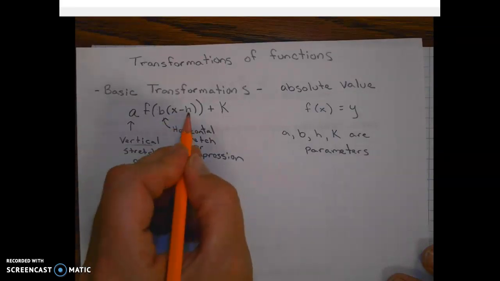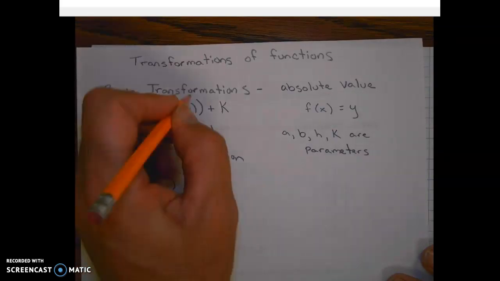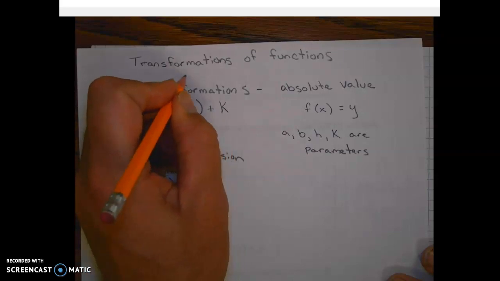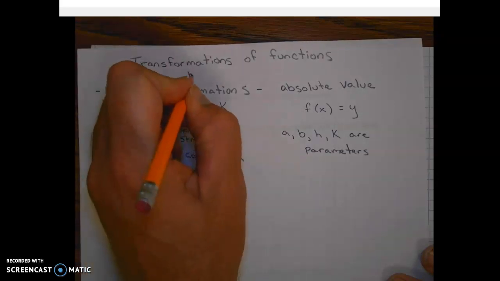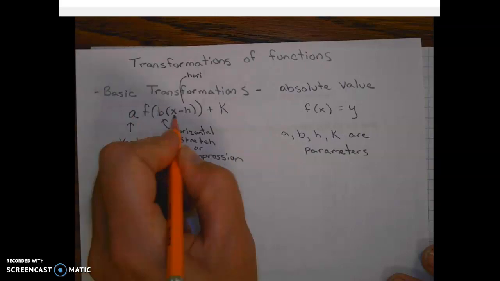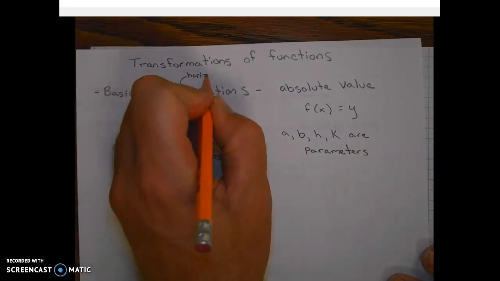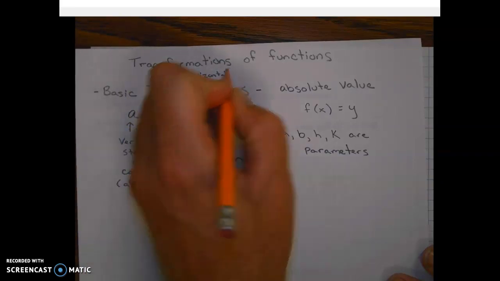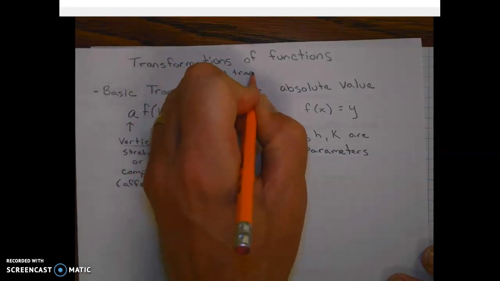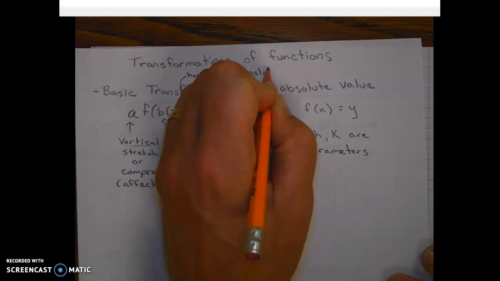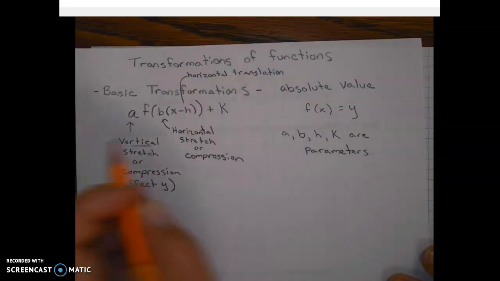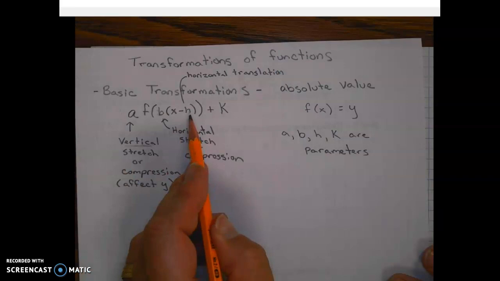And the h value is again horizontal, because it's affecting the x. Anything inside the grouping symbol will affect x. It's going to be a horizontal translation, which means the graph would move left or right, depending on what this number is.